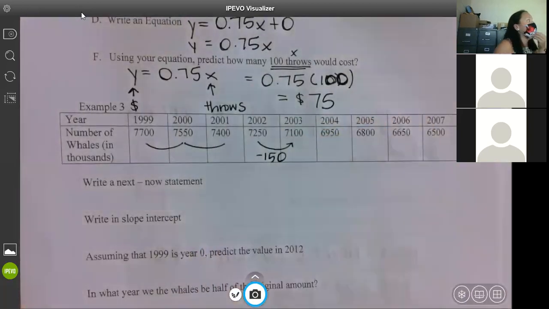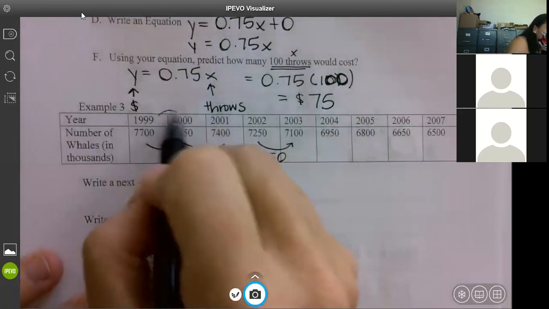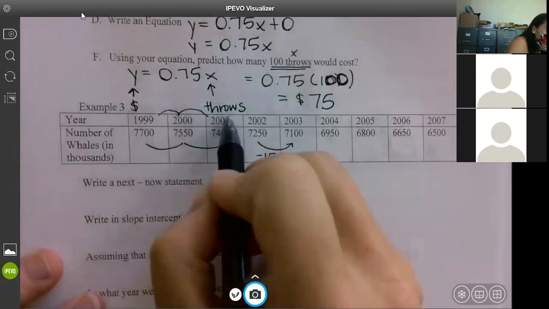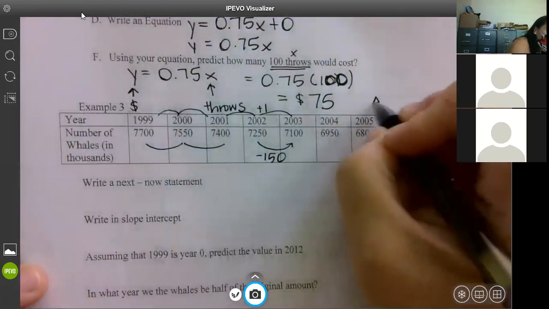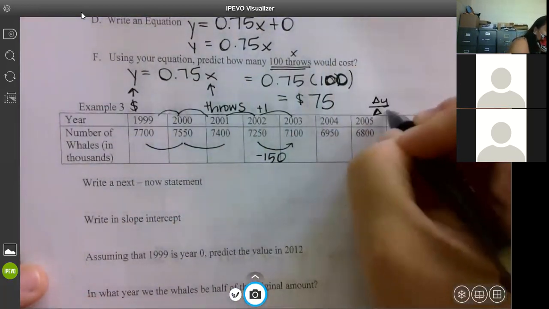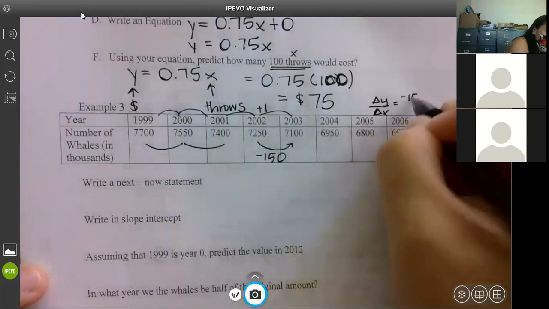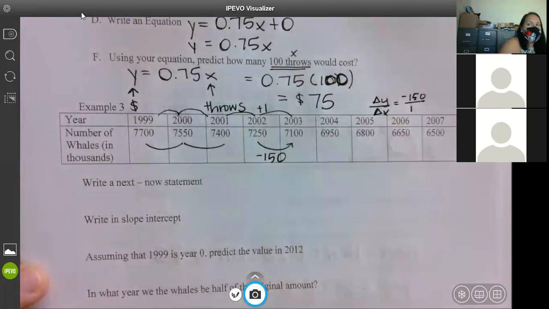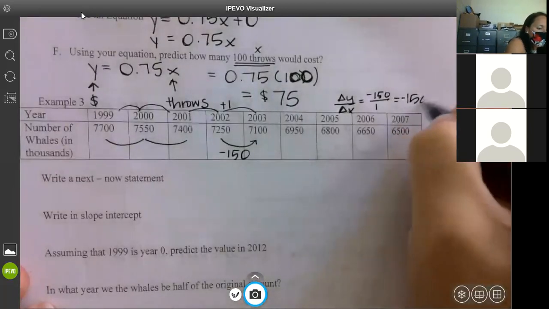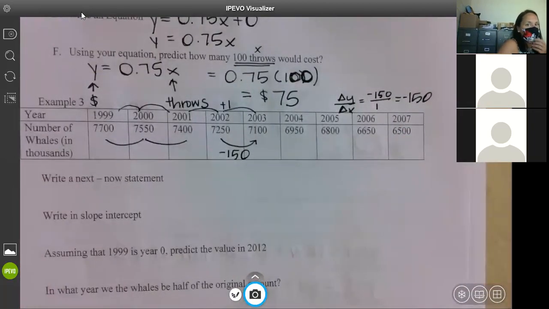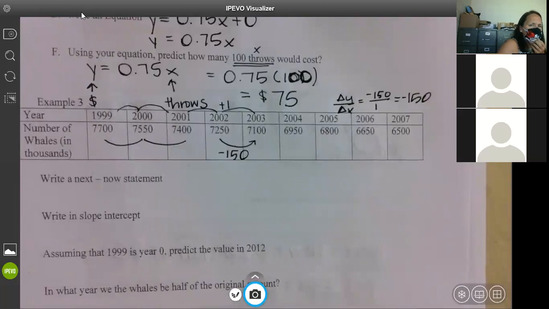So this one's different because this is the first time we've gone down. 99 to 2000, 2000 to 2001, 2001 to 2002. What are you doing on that one? Going up by 1. So our slope, our change in y over our change in x, is down 150 over 1, which just gives us a total of negative 150. Where did we start?